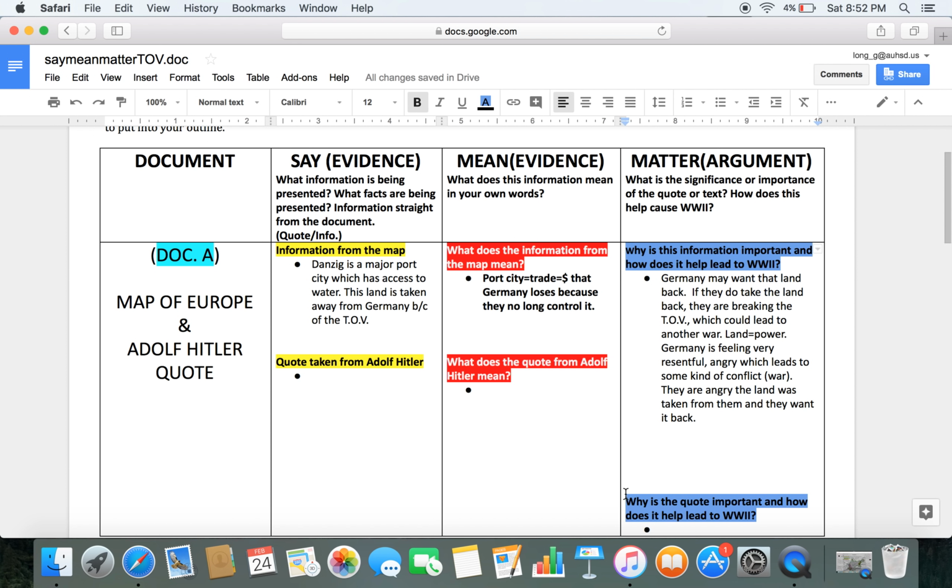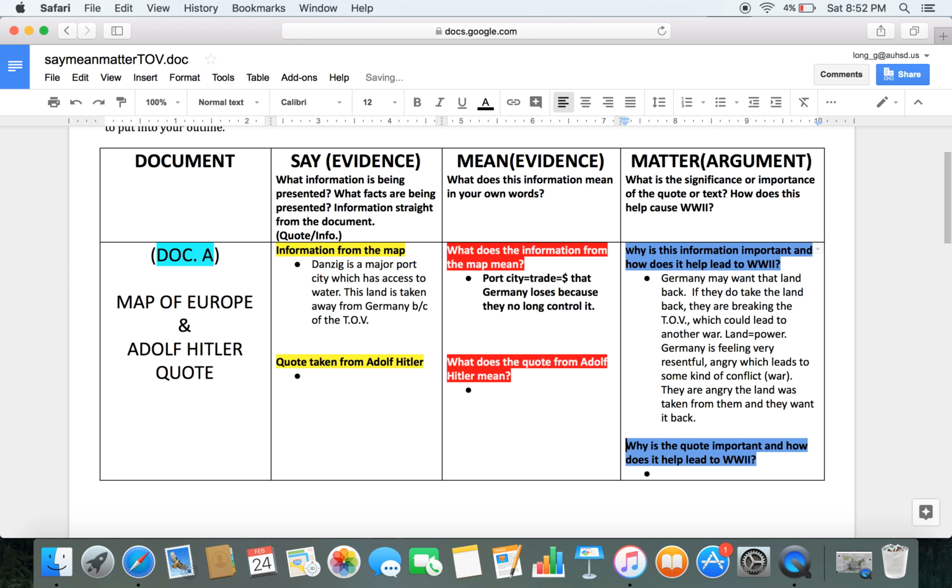Bottom line, everyone, and we need to understand this. As long as you can tie the information to how it starts or leads to World War II, you have done your job. So, once again, you are arguing how this information is tied to the beginning of World War II.